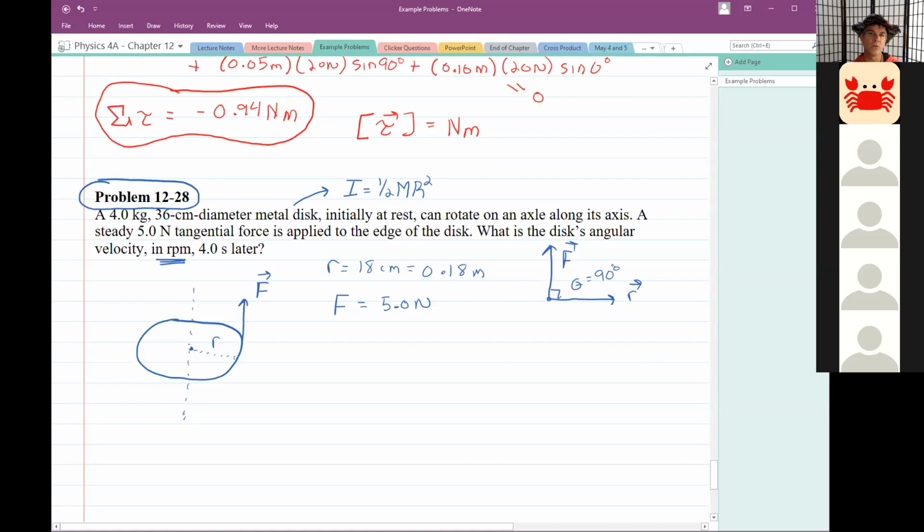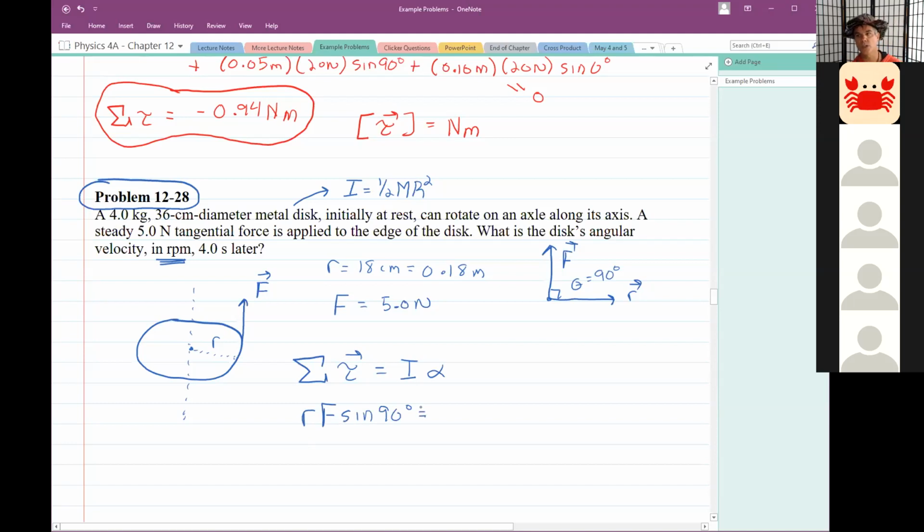First I'm going to figure out the angular acceleration, and then use equations of constant angular acceleration to get how fast it's traveling. Newton's second law in rotational form says the sum of the torques equals I alpha. There's only one force exerting a torque, so the sum of the torques is just R times F times the sine of 90 degrees.